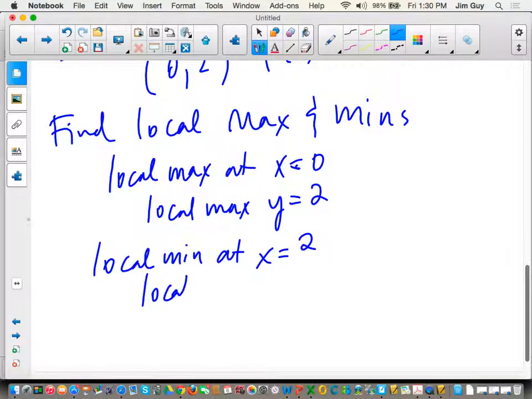The local min is when y is equal to, so we put 2 in and figure out what that is. 2 cubed is 8 minus 12, negative 4 plus 2, negative 2, it looks like. And they're going to say y.